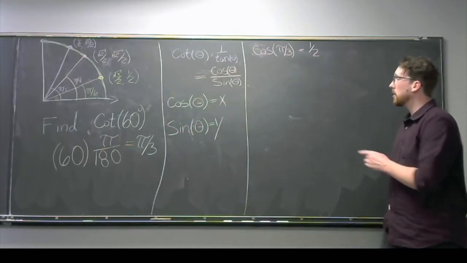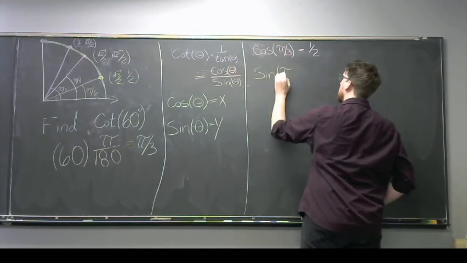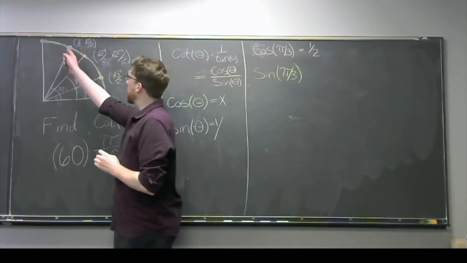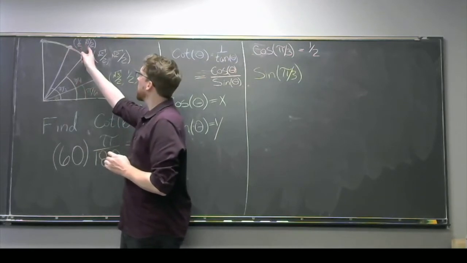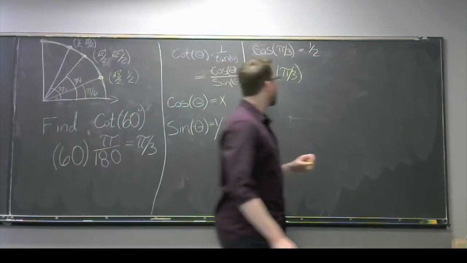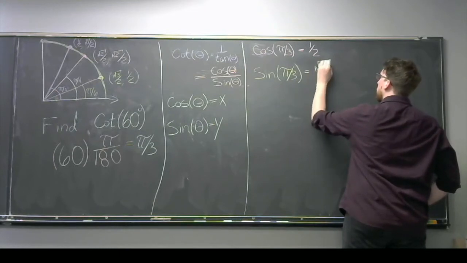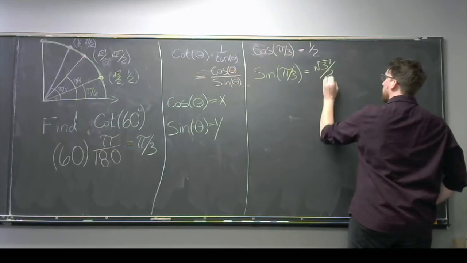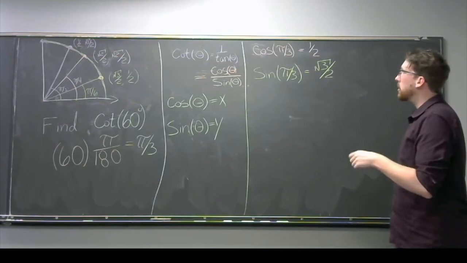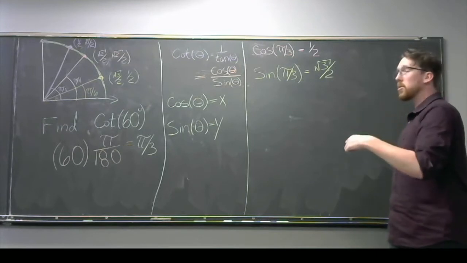The sine of pi over 3, going up pi over 3 along the edge of our circle, looking at the y value, is square root of 3 over 2. So the sine of pi over 3 is going to be the square root of 3 over 2. So we know what cosine of our angle is, and we know what the sine of our angle is, and we know how those two things relate to cotangent.